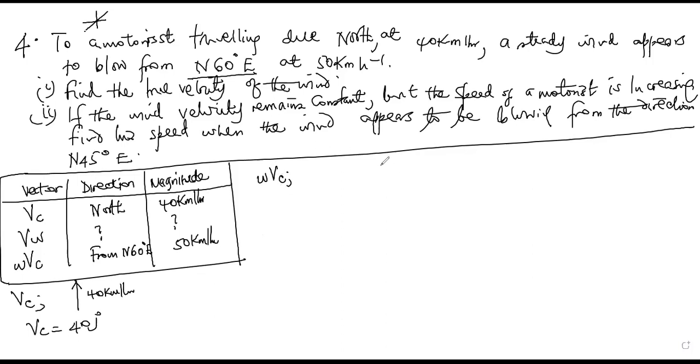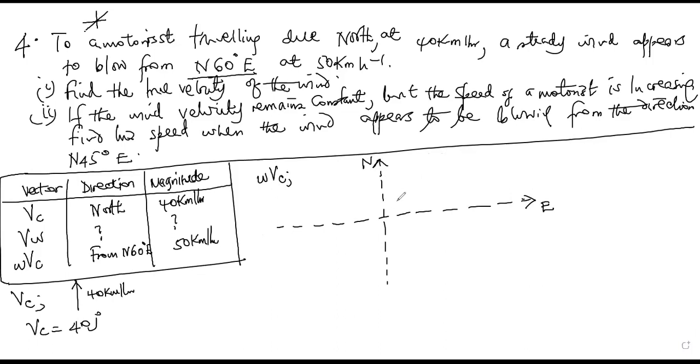So if you have your north, this is my east, this is my north. Meaning it was supposed to be blowing, northeast is this, but it is appearing to blow from there.